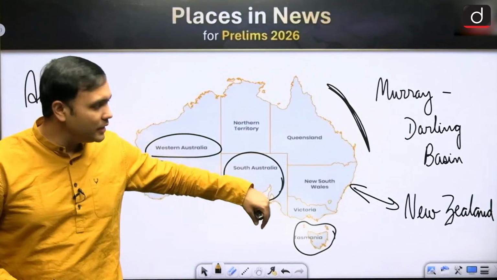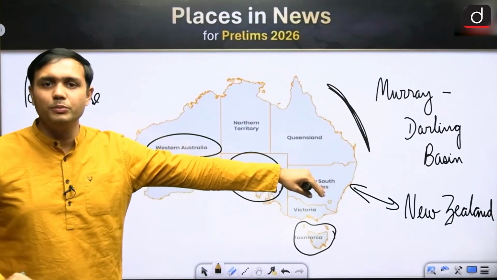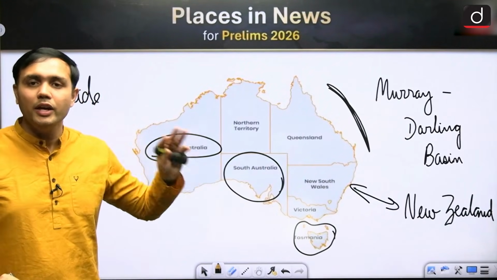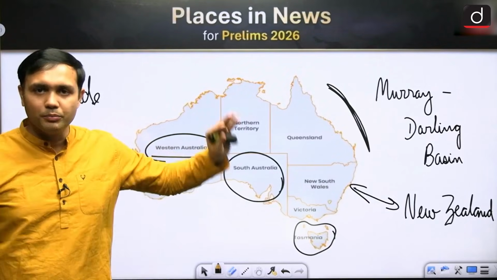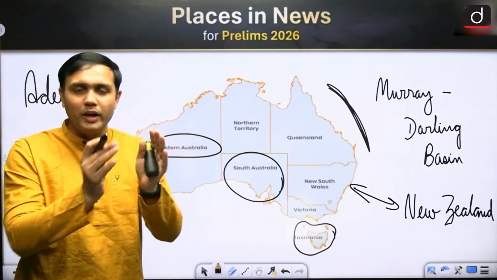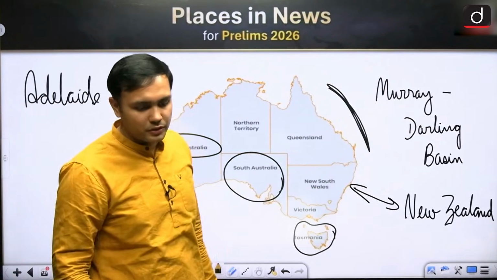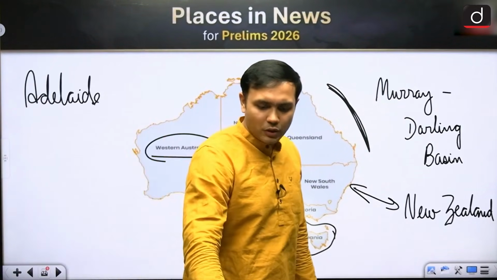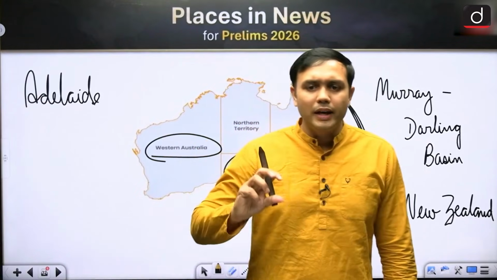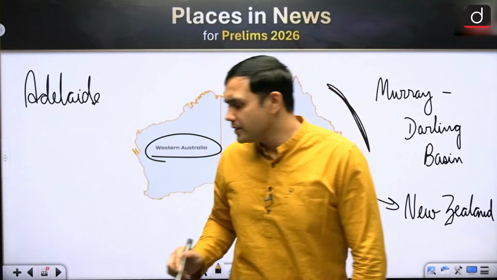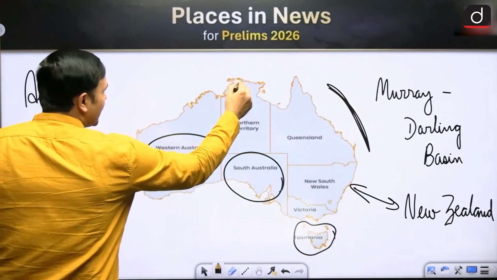So remember that there are thousands of kilometers of difference between New Zealand and Australia, right? It is not very close by. In most of the maps it is shown very close by, but there is a lot of difference with respect to the kilometers, right?